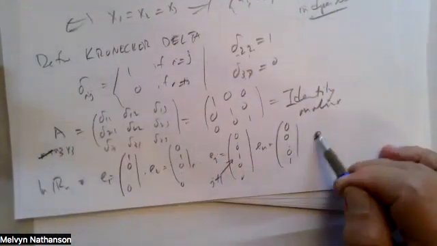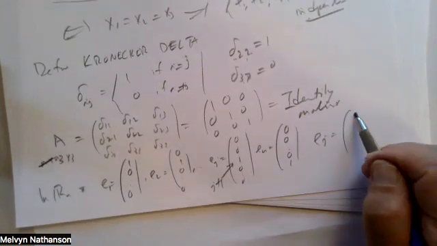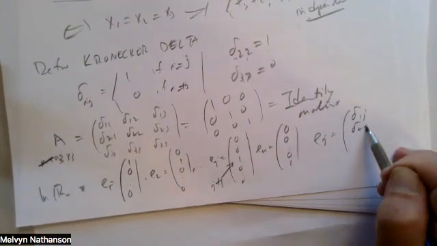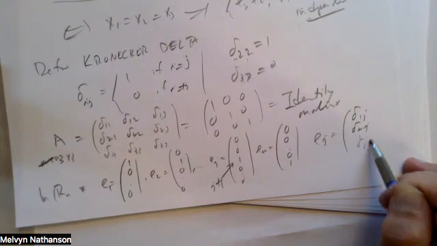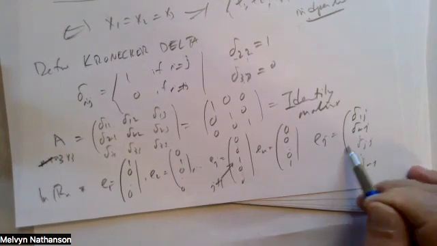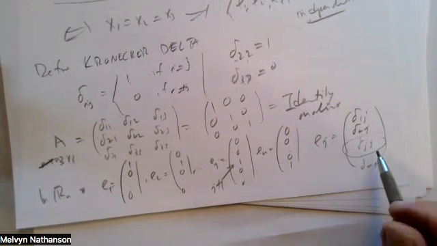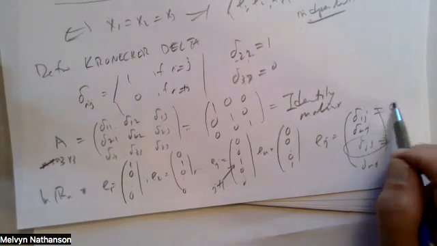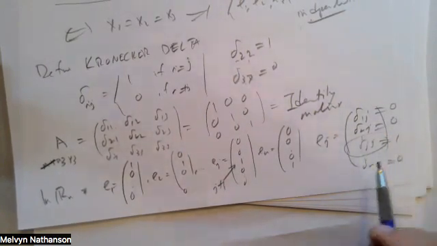And you could write this, if you like, as delta 1j, delta 2j, delta jj down to delta nj, because the jth coordinate would be 1 and everything else would be 0.